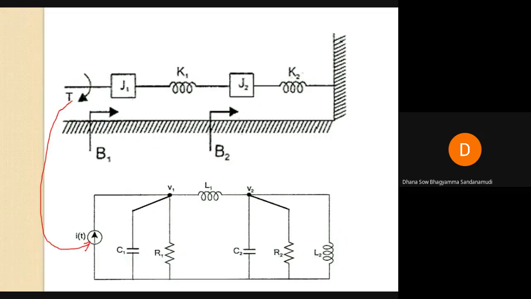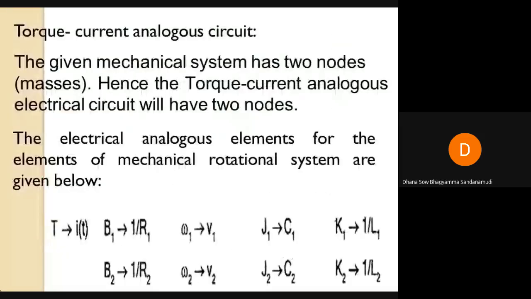Okay, next, what is J analogous to? If you remember the table, you can easily write it down. J is analogous to the capacitor C1. It is not analogous to 1/C1, it is analogous to C1.